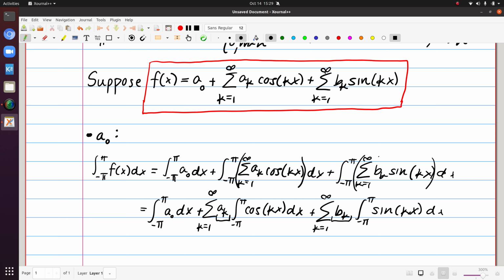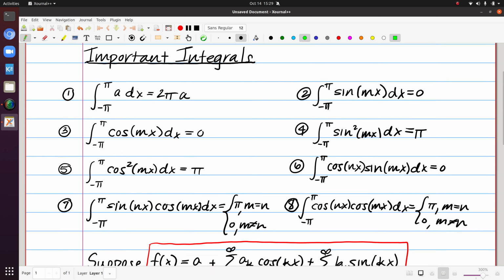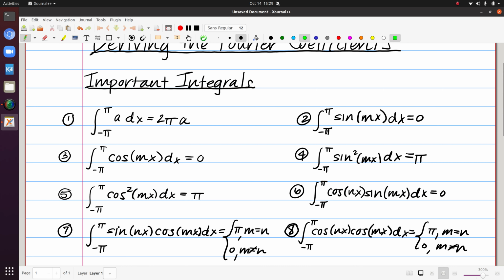So now what I want to look back at are a few things. In here, I have the integral from minus pi to pi of cosine, and the integral from minus pi to pi of sine. And of course, the argument there is kx in both cases.